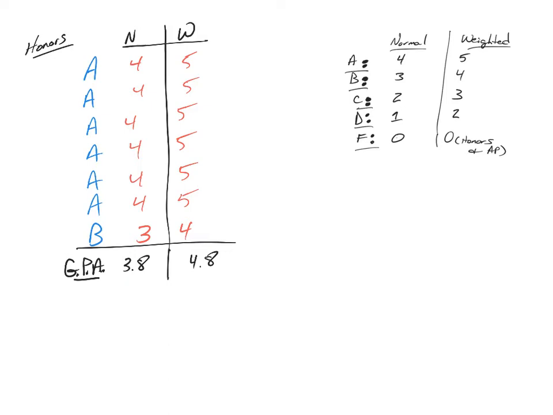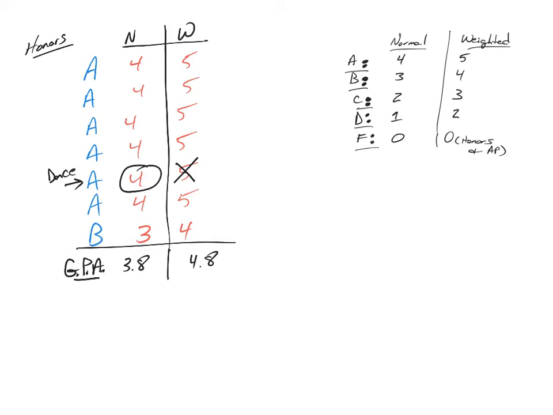Now there's a trick to this, and this is assuming that all your classes are honors. If you have something like, let's say one of your A's is a dance class, then you're not going to use your weighted version, right? What are you going to use? Normal. Does that make sense? Because it's not honors.